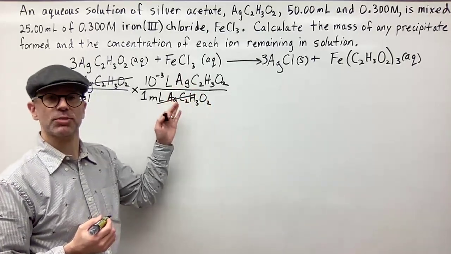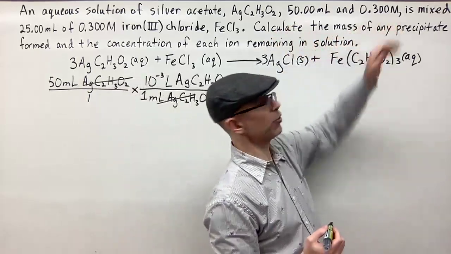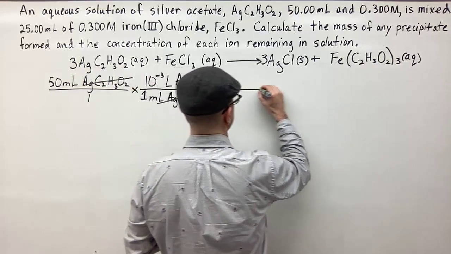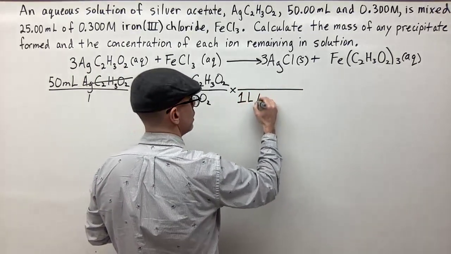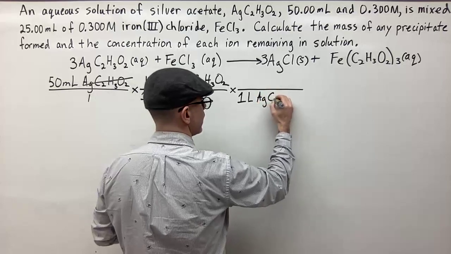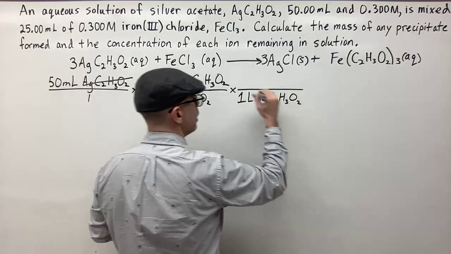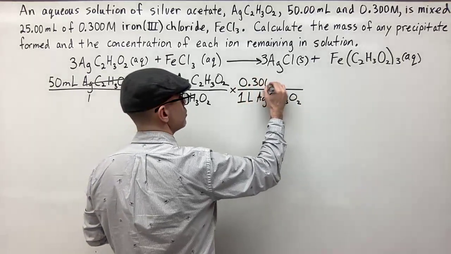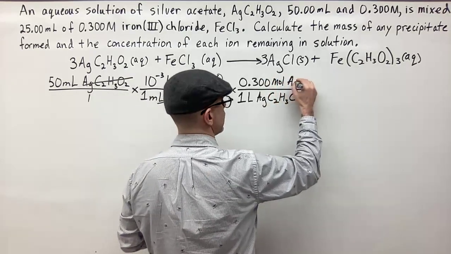And now I can use the molarity of the acetate solution. So here the molarity is 0.300 molar. So that means for every 1 liter of the silver acetate solution, I have 0.300 moles of silver acetate.